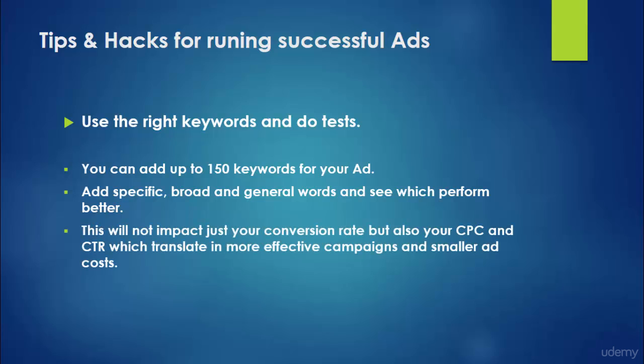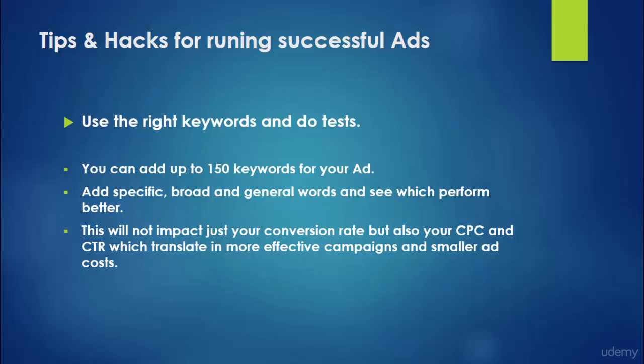Now the big advantage, or the main benefit, is that you will not impact just your conversion rate, but also your cost per click and your click-through rate, which will translate into more effective campaigns and smaller ad costs for your promoted campaigns.